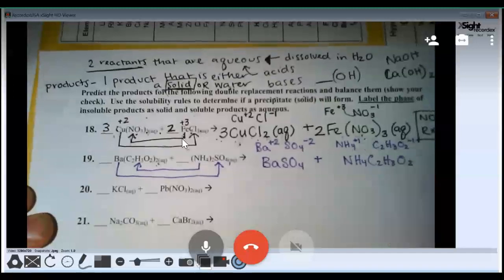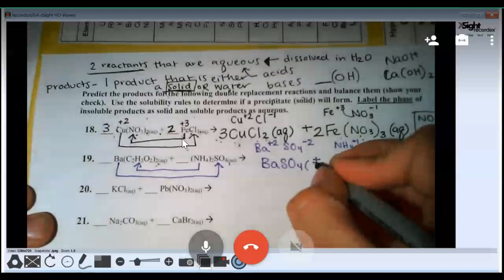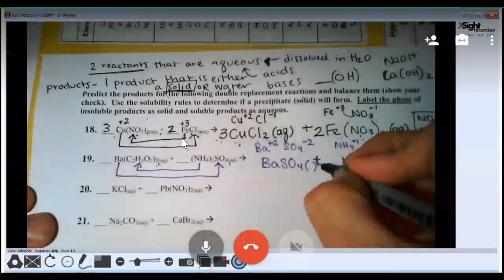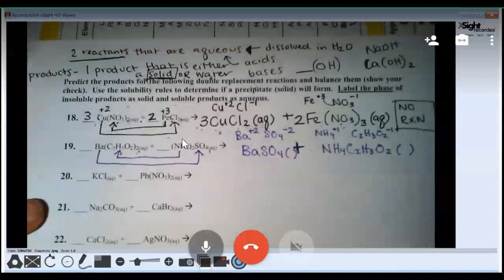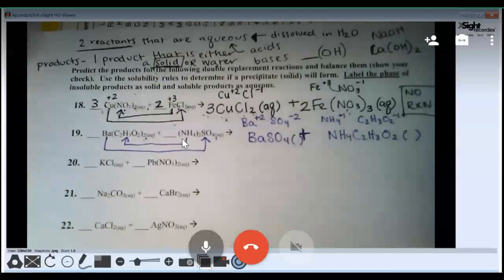So since there's only one H, we don't need any parentheses there. And then I'm going to put my parentheses for my state symbol, because I know I'm going to have to fill those in. Okay? Okay, so what's the next step? Find whether or not it's a balanced equation. Perfect, so we're going to balance.